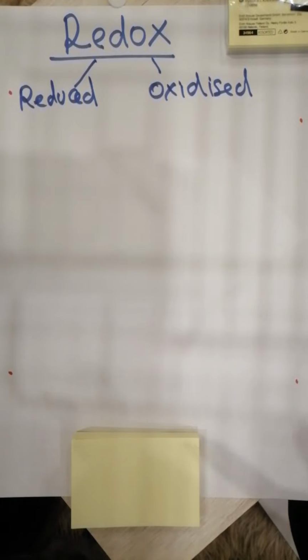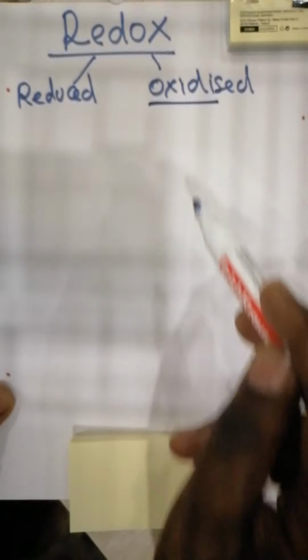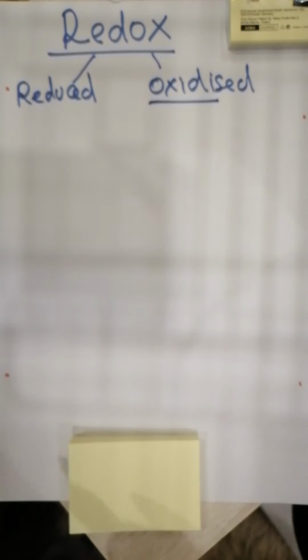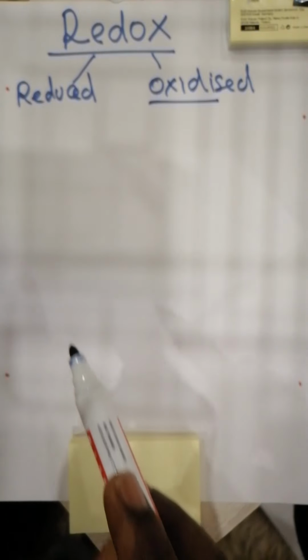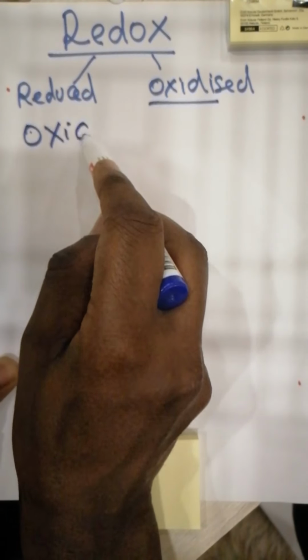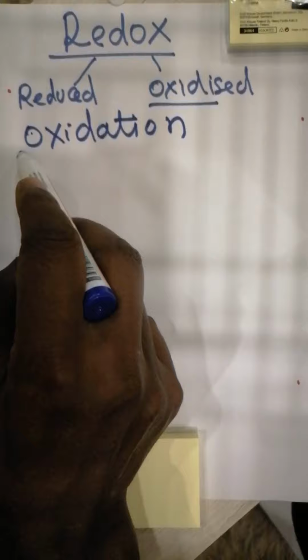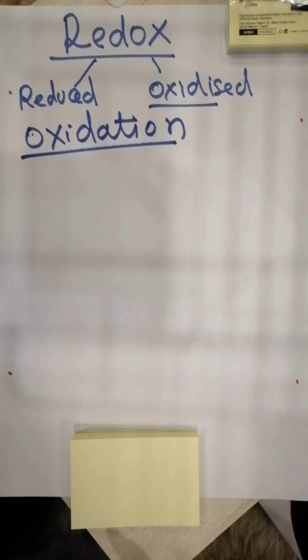And that brings us to the next question. What is oxidation? And what is reduction? Let's start by defining oxidation. Scientists have defined oxidation in three different ways.